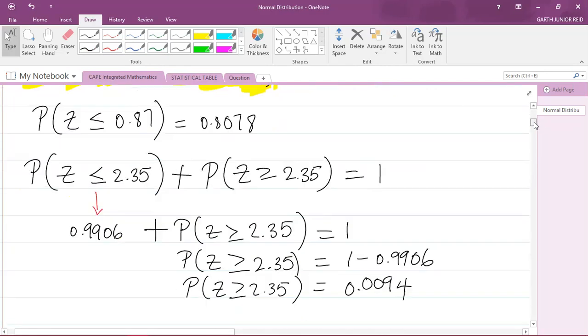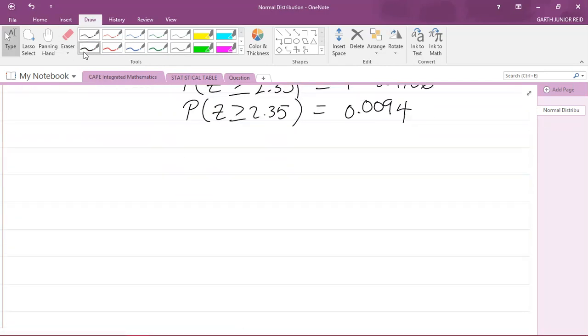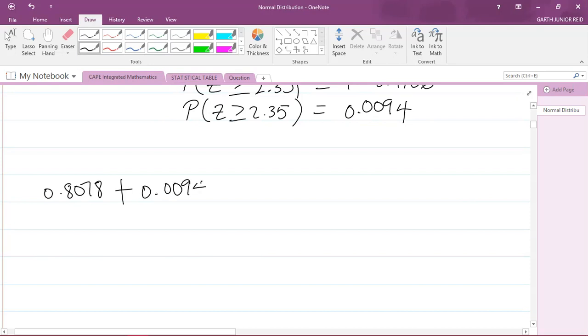So the probability of Z being less than or equal to 0.87 is going to be 0.8078, plus the probability to the right of 2.35, which is 0.0094, we just calculated that, plus the probability that we want, the probability of 0.87 less than or equal to Z less than or equal to 2.35.